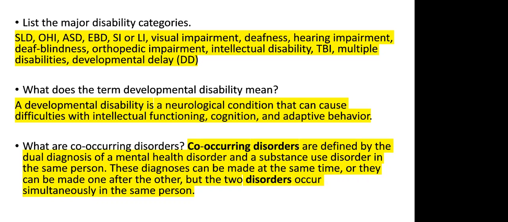So it's of a mental health disorder and a substance use disorder in that same child. Sometimes these diagnoses are made at the same time, and sometimes they're made at different times, but then they're put together on a child's IEP. And again, those are called co-occurring disorders.